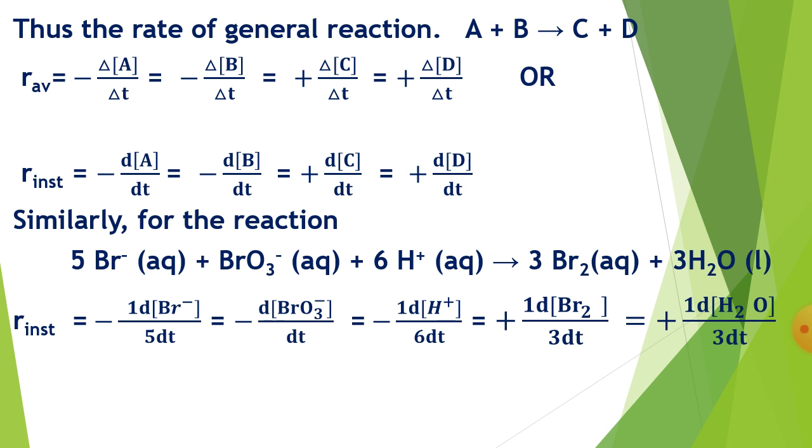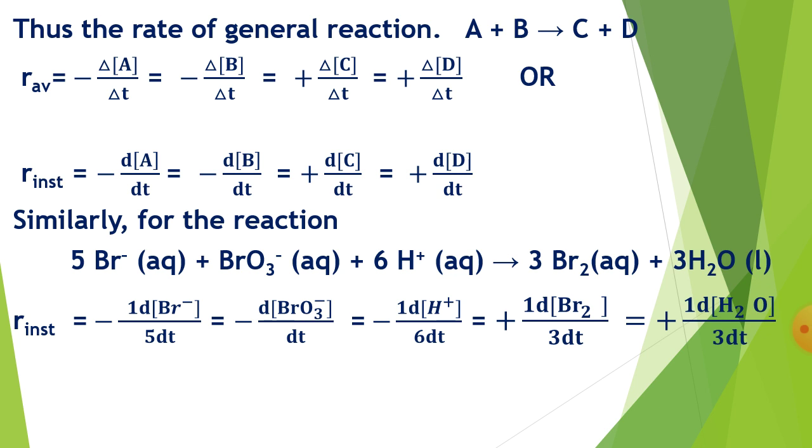Or you can write like this: R instantaneous equals minus dA by dt equals minus dB by dt equals plus dC by dt equals plus dD by dt. Here the stoichiometric coefficient for reactants and products is 1, so that's why it is not written here.